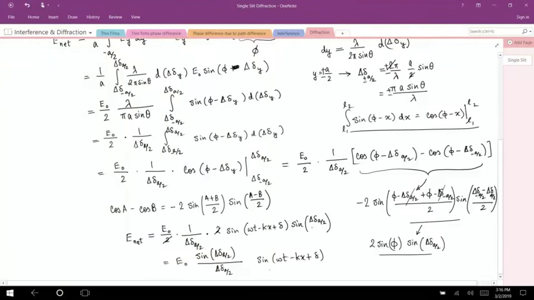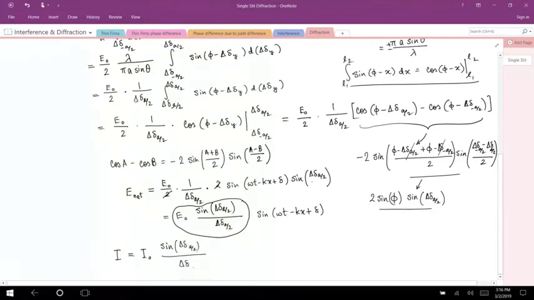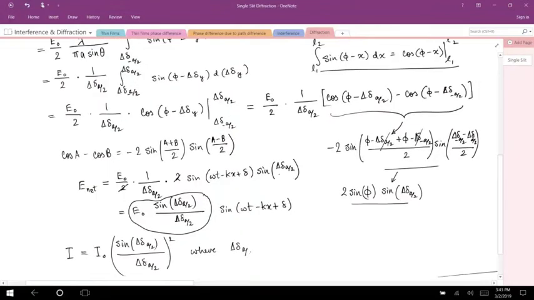Of course, the second part, the sine of omega t minus kx plus delta, tells you that this is a traveling wave, and this first part is the amplitude, which means the intensity, since that's proportional to the amplitude squared, is just going to look like I equals I0, which is coming from the E0 squared, times sine of this quantity delta delta A over 2 divided by delta delta A over 2, whole squared, where delta delta of A over 2 equals pi a sine theta over lambda.